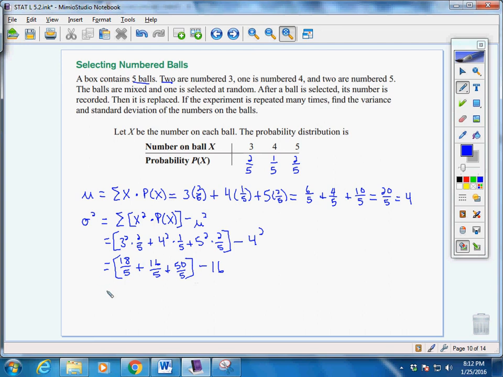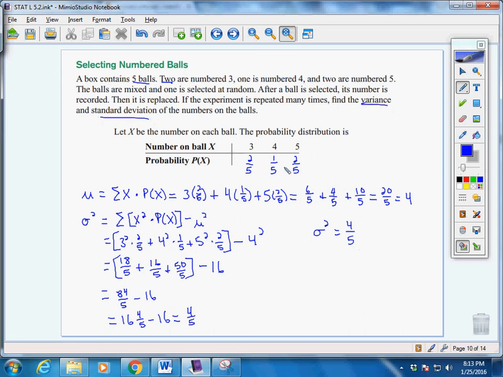If you add all of this up, you get 84/5, from which you're going to subtract 16. 84/5 is actually 16 with 4/5 left over, which I do realize we can change to a decimal, but we're just going to leave it for now. We get our variance of 4/5.